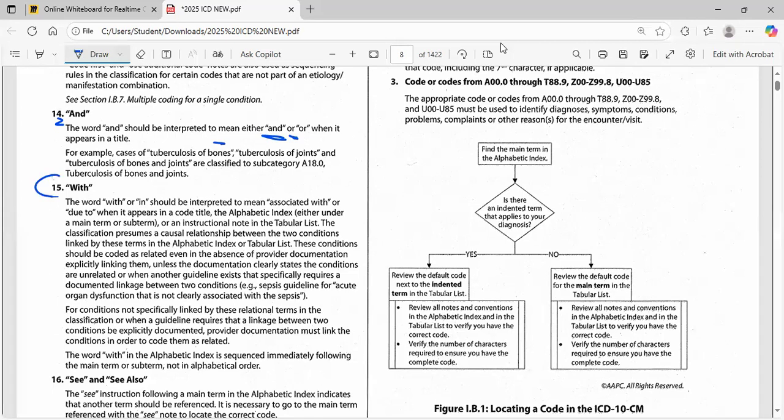Next we have "with". The "with" term is always listed below the default term in the alphabetic index.